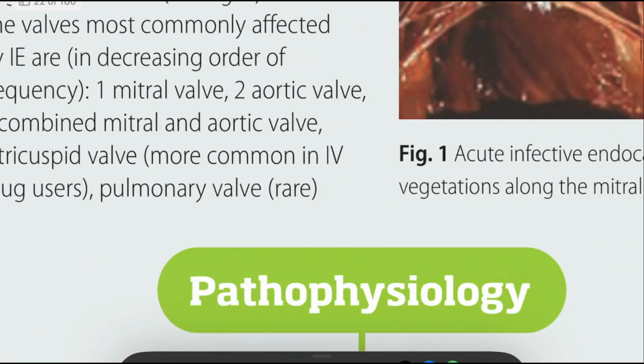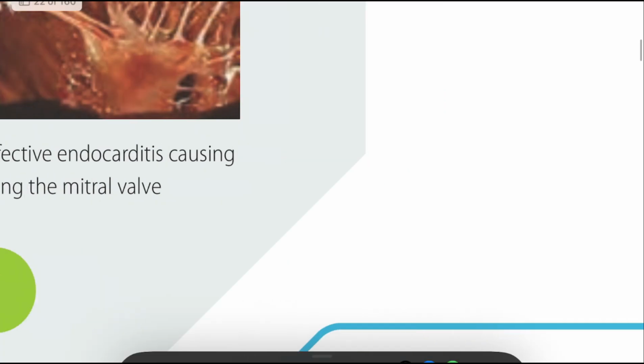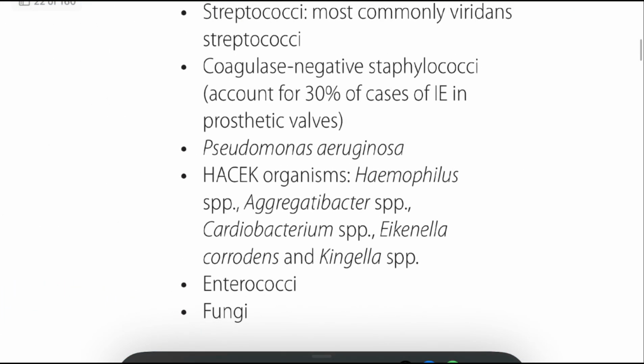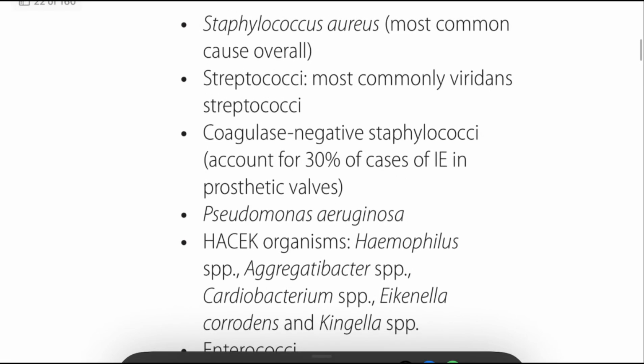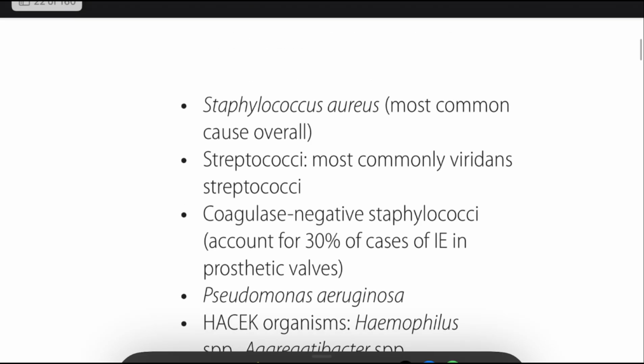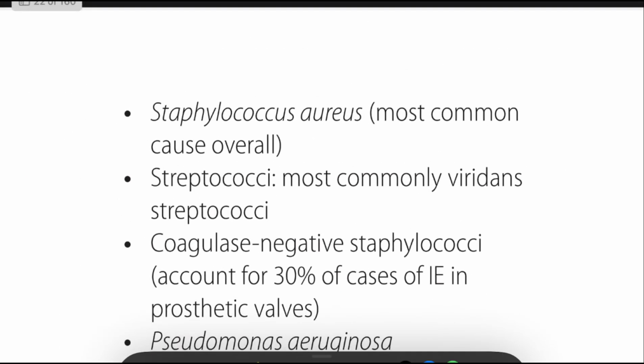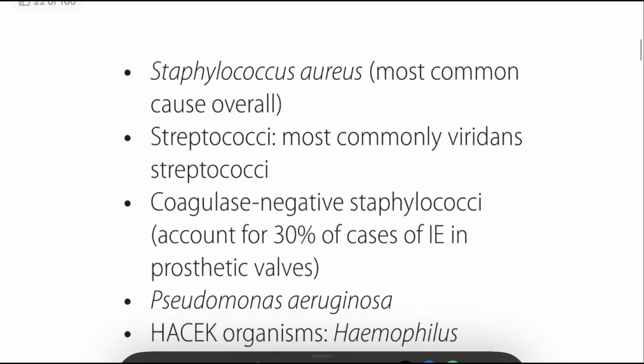Next, the main causative organisms of infective endocarditis. The first is Staphylococcus aureus, the most common cause overall. It has rapid progression and can infect normal valves.